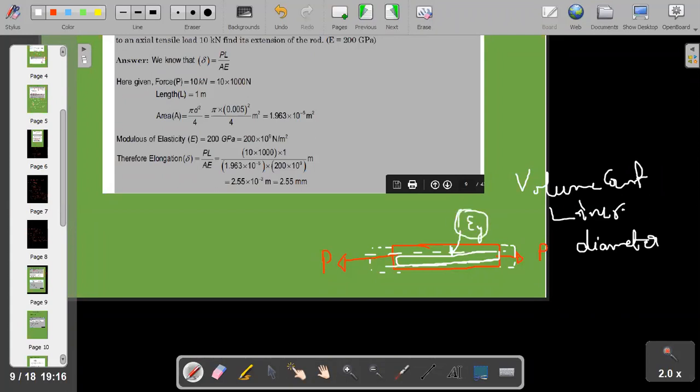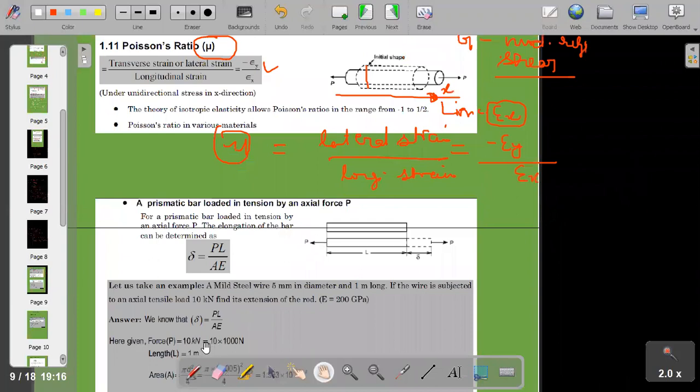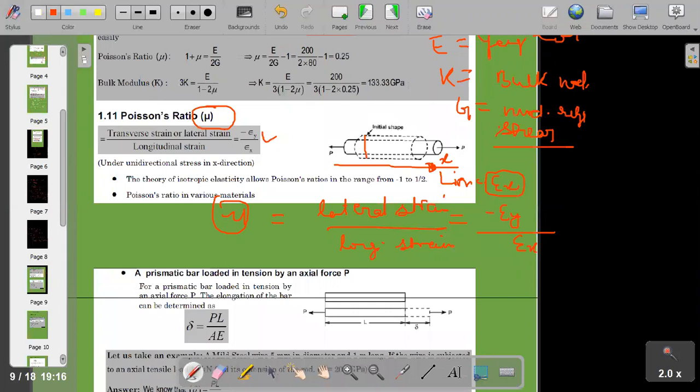Whatever this change in diameter, a strain in diameter, this is called sigma y. So it's a strain in the y direction. Is it clear? This value gives the sigma y, and this value gives the sigma x. The division of the two will be negative.